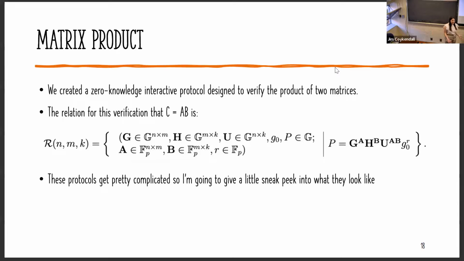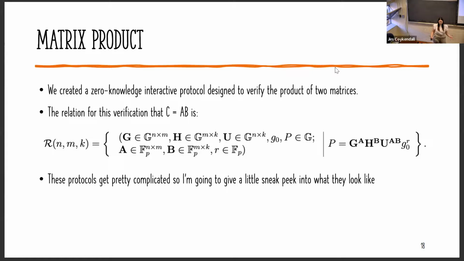That is what we end up committing to in the protocol, is P. And similar to how we do it in the Schnorr protocol, we're raising a public value to the power of a private value. And that is computationally hard to get back.